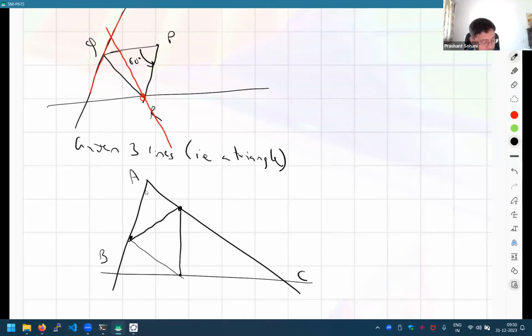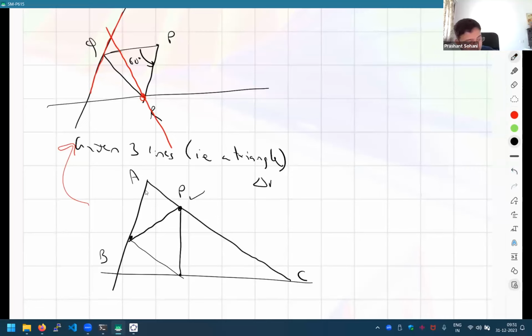So now here what will happen? See, this point on the line AC I can choose arbitrarily because I don't really care which point I choose. So I could choose any point on the third line and I'll just ignore this line, right? Then this has become this problem. So basically I could choose my point P anywhere on the line AC and it would still solve the same problem, right? So which means that actually this question has infinitely many solutions.